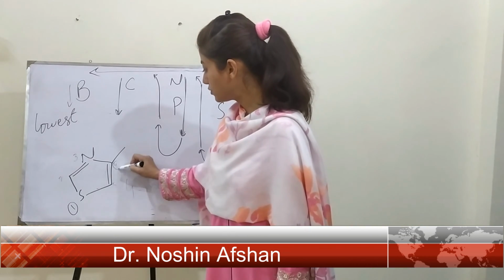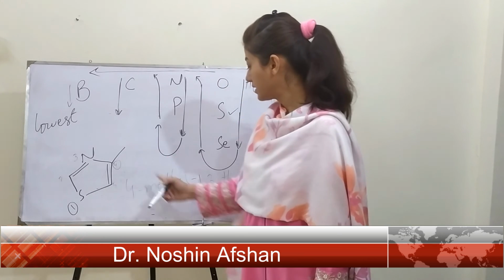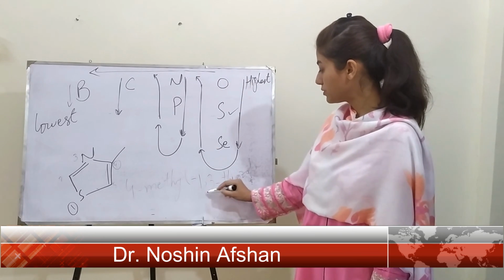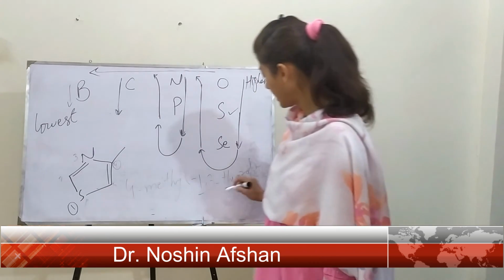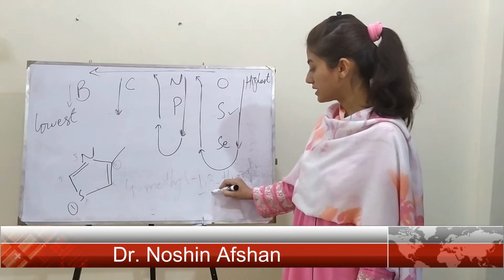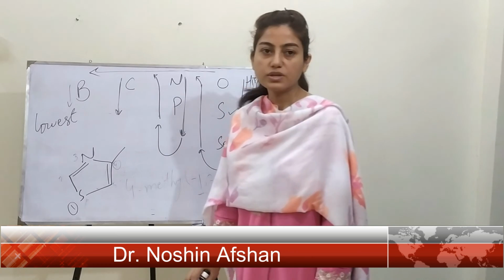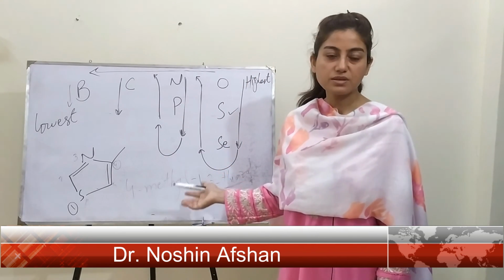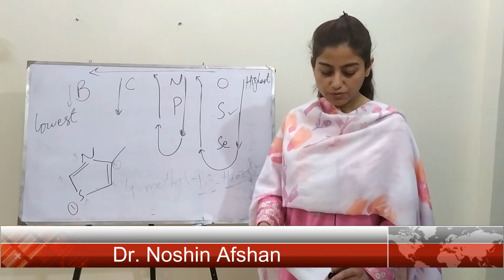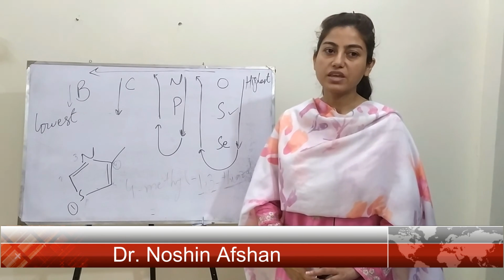As at the 4th position there is a methyl group, and at 1 position there is a thia group, that is sulfur, and azole as a group is at 3rd position. So in this way, these were some examples of the heterocycles that we have named.